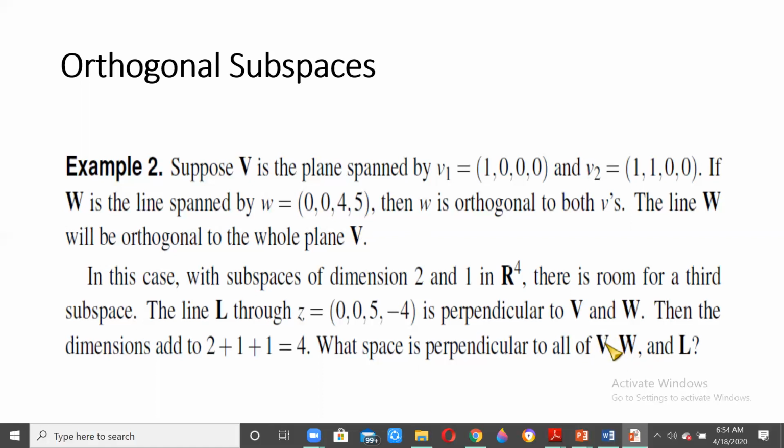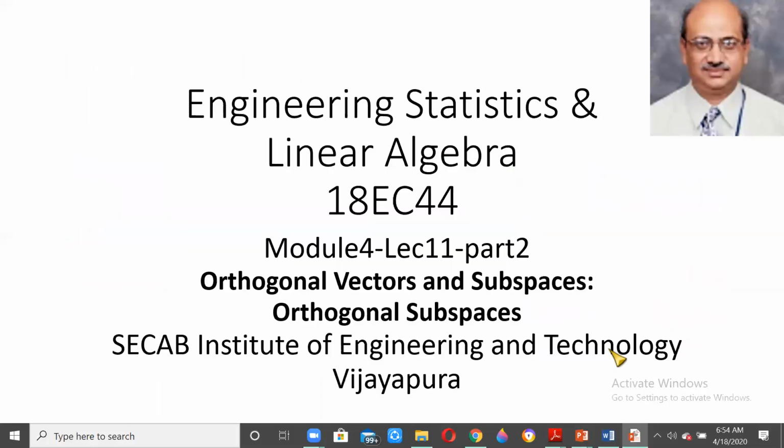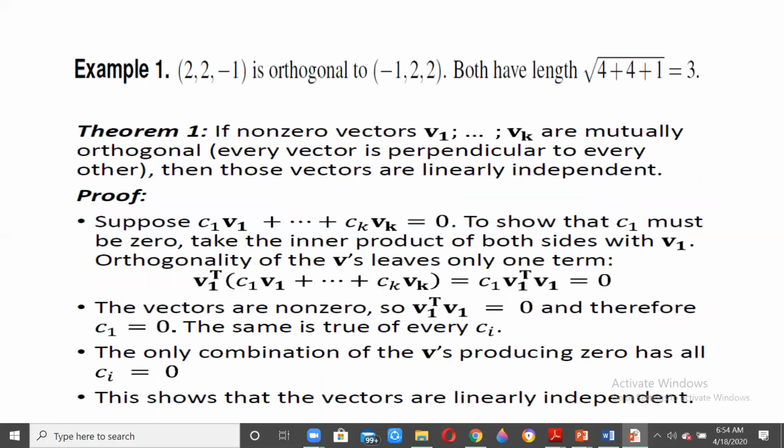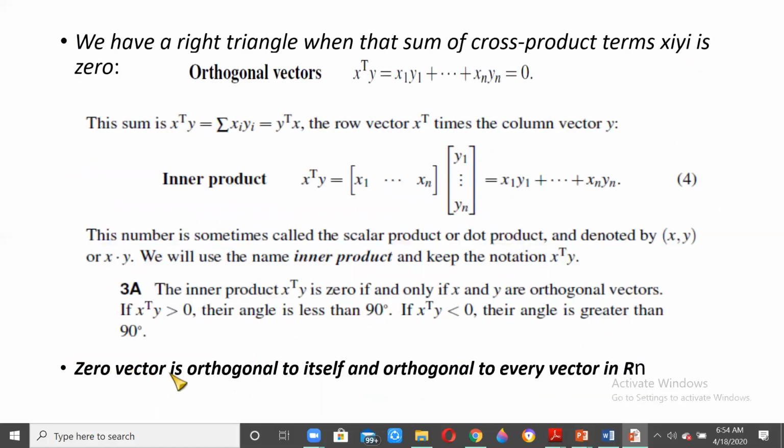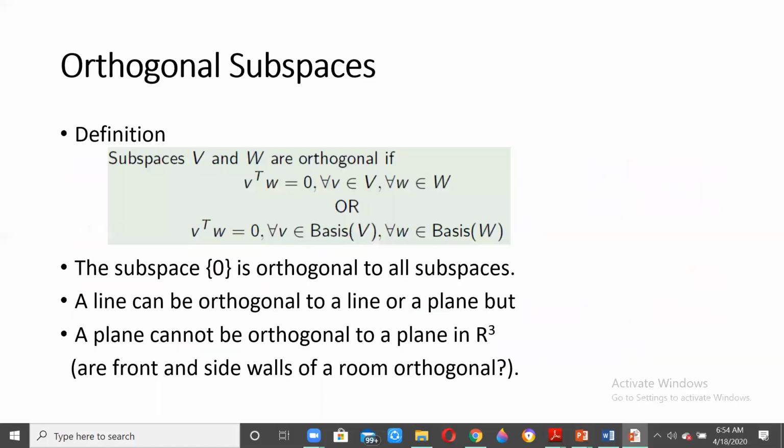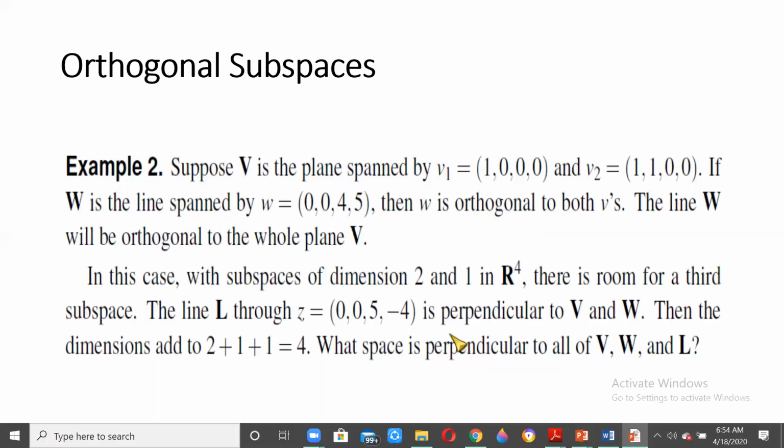In a space R to the power 4, all things are covered. So only the 0 vector is perpendicular to all of these, because we have already said in the earlier class that the 0 vector is orthogonal to itself and to every space in R to the power n. Therefore, the 0 vector is the one perpendicular to V, W, and L.